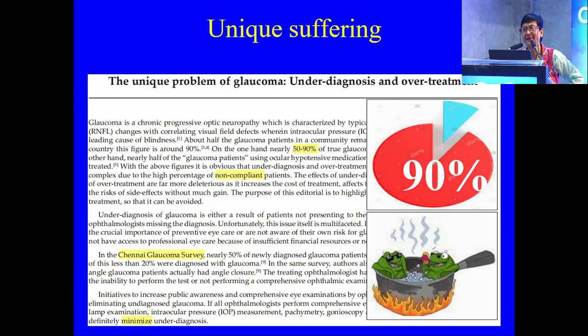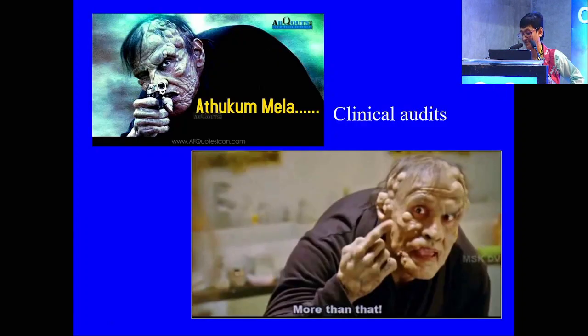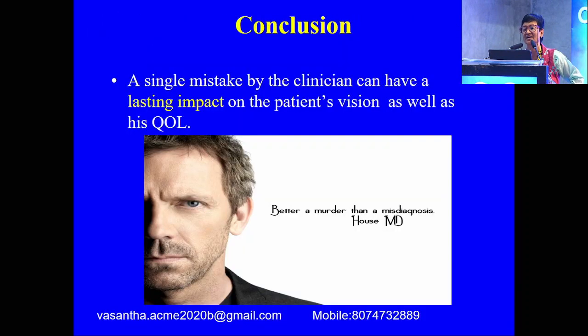So not only the patients suffer with glaucoma, even we have to suffer if we don't take care of our mistakes. Even in clinical audits, we pay attention to the individuals instead of the errors. So let us pay attention to the error-prone systems and understand that even a single mistake will have a lasting impact on the quality of life of the patient. Thank you.